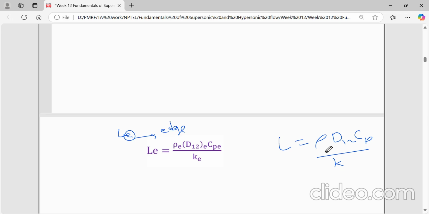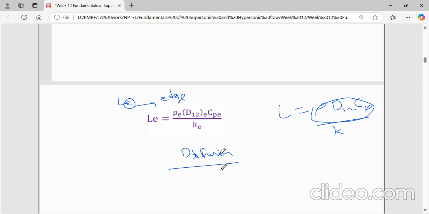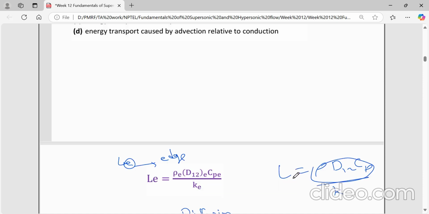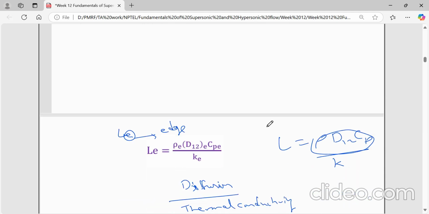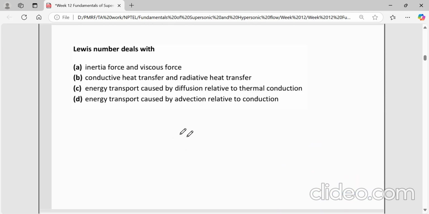So you can see the numerator depends on diffusion. The numerator takes the term for diffusion and the denominator takes the term for thermal conductivity. So you can say this is energy transport caused by diffusion relative to thermal conduction. So option C is the correct option.